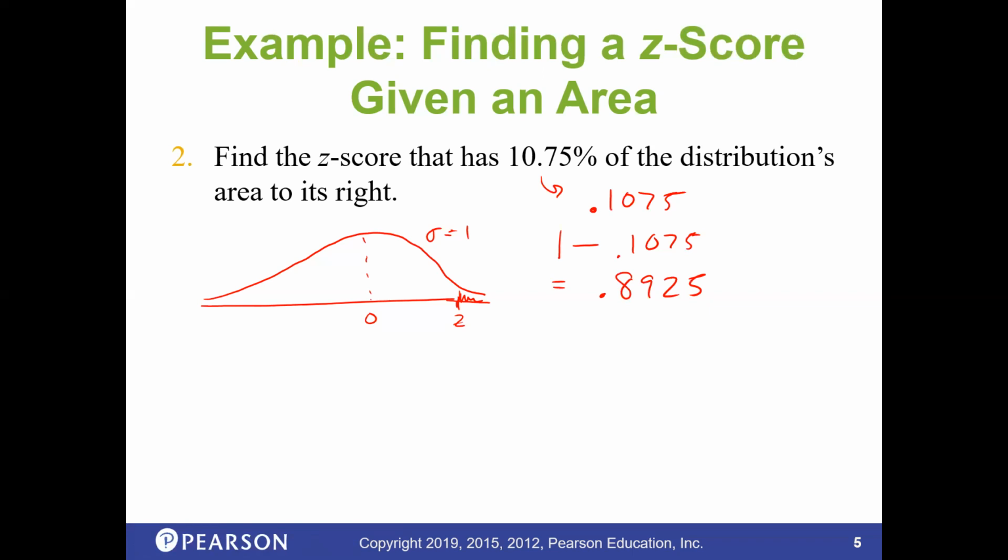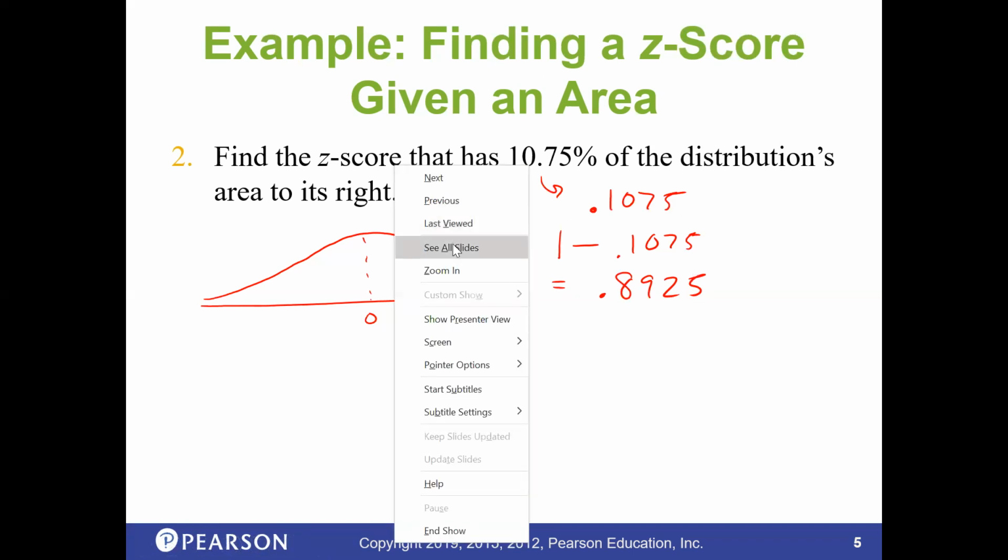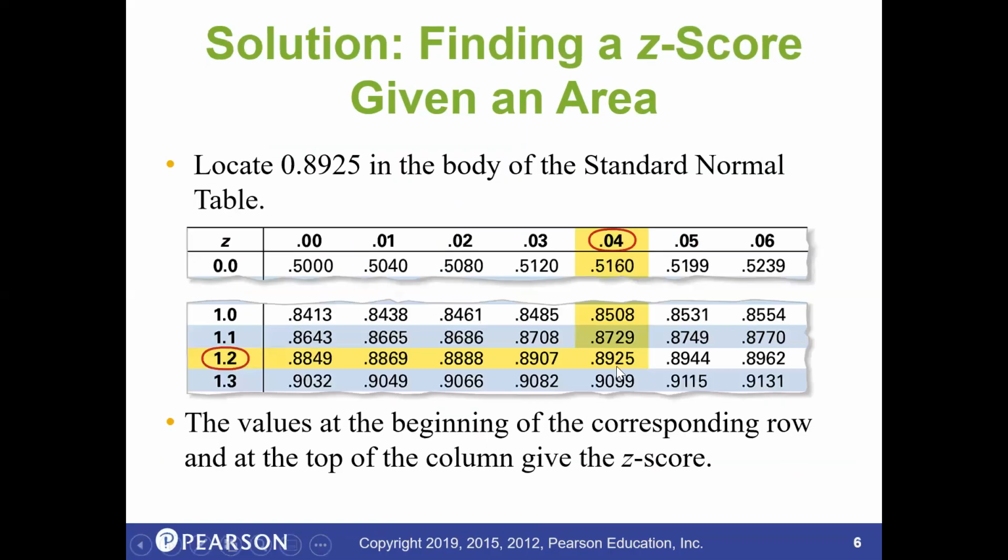Okay, at that point, go for it. You can do it by table if you like. Or you could do it by calculator here. Let me go to table here first. So on the table, if you did it, you're going to find the 0.8925. And that corresponds to a 1.24. And did you guys get that on the calculator?